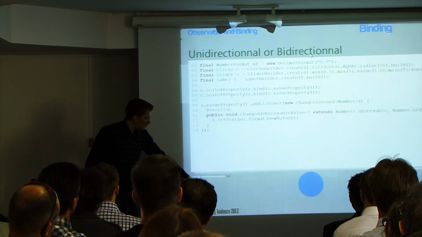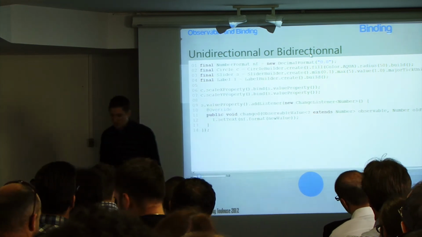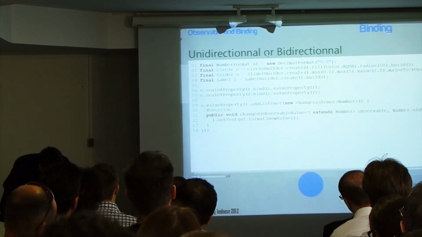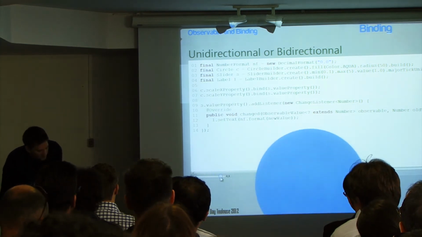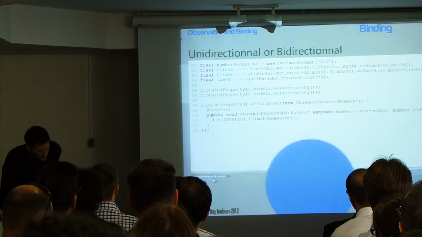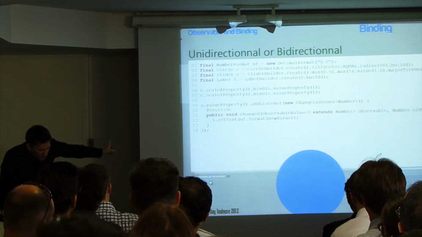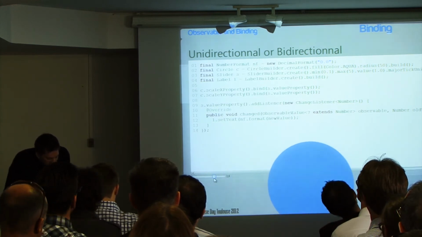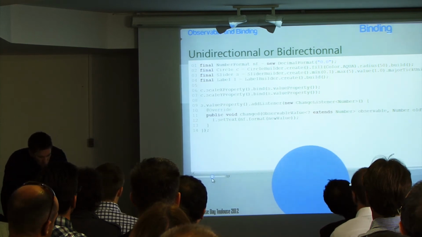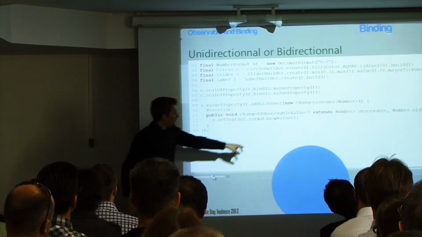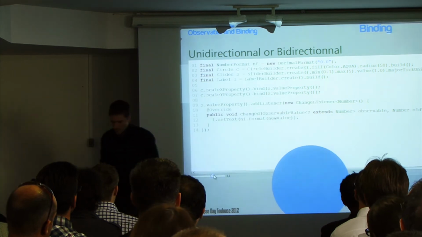We have a slider here and a circle. When I move the slider, the circle radius will increase. This is a binding. And the value of the slider is increasing too with another listener, which is here, a change listener.